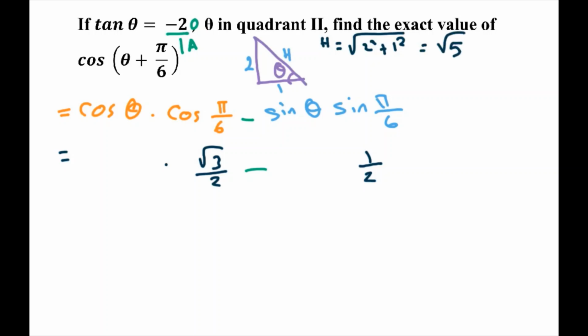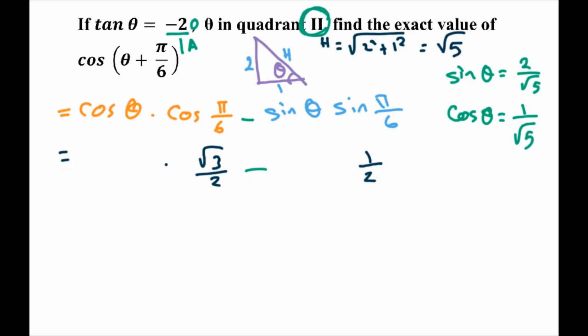So by doing this, I need to find sine theta, which is opposite over hypotenuse. I'm going to keep the square root in the denominator for now, and then I'll fix it later on. Cosine theta is basically adjacent, which is 1, over hypotenuse.